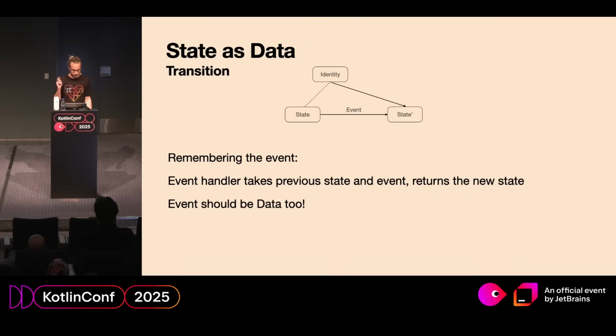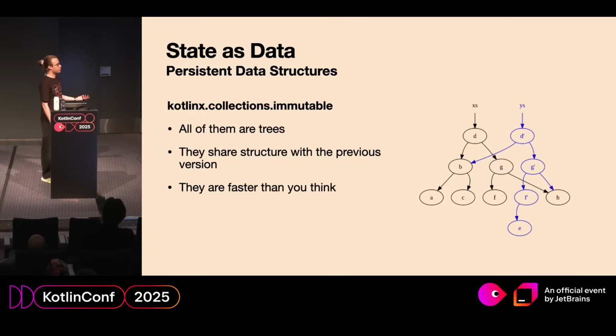That might seem a bit inefficient. But the thing is that everything that we described before is actually trees. Data classes with data fields are trees, and so are persistent collections, which you can find in Kotlinx collections immutable. They are amazing.